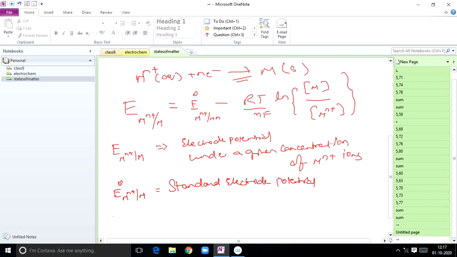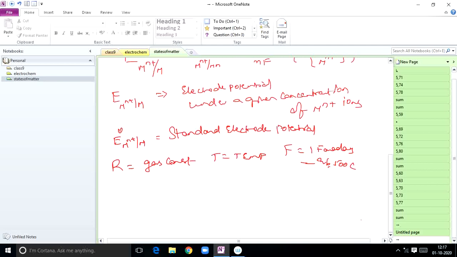And you already know R represents the universal gas constant, T represents temperature, and F represents Faraday. 1 Faraday is equal to 96,500 coulombs. And small n represents the number of electrons involved in an electrode reaction.